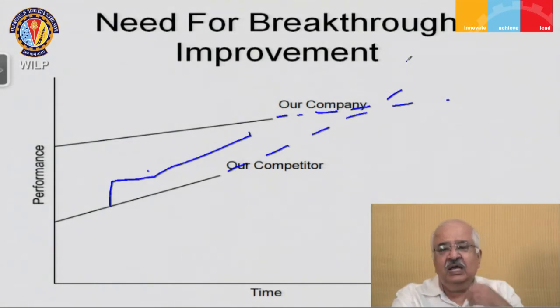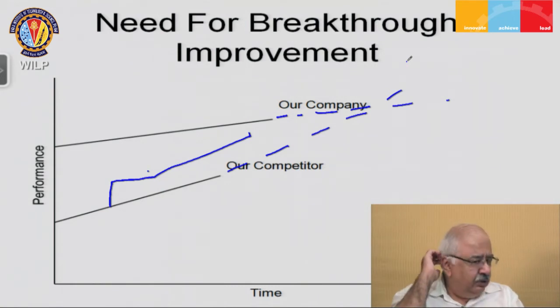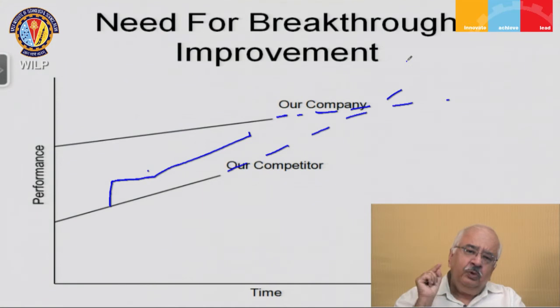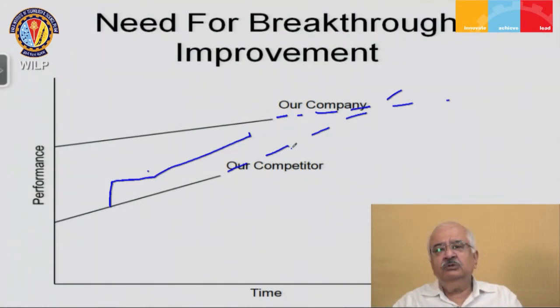And this is really what had happened with the Japanese vis-a-vis the US auto manufacturers when somewhere through the 70s and definitely into the 80s, what the US companies found was that although way back in the 50s and 60s the Japanese auto manufacturers were significantly behind the US auto industry, and in fact the Japanese learnt a lot from Ford and some of the other US manufacturers, the Japanese were working on a much steeper trajectory in terms of improved performance, both in terms of improved quality as well as in terms of reduced costs.